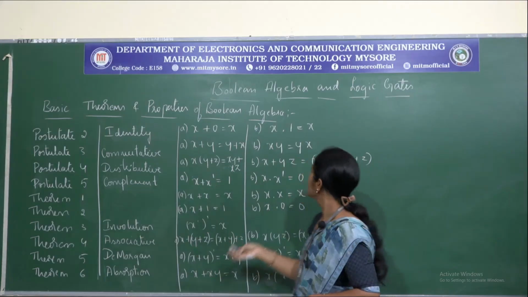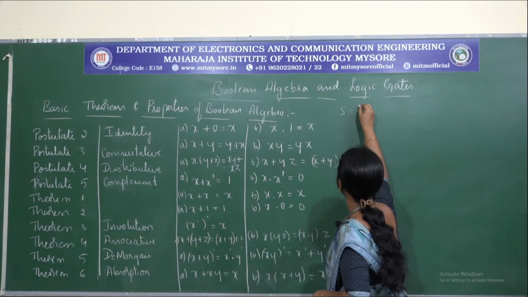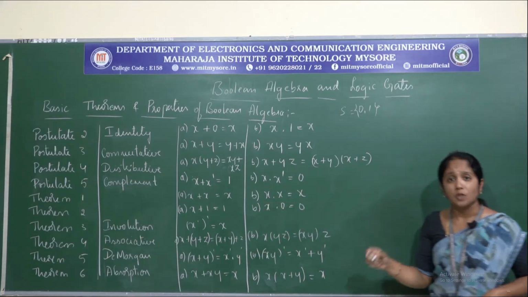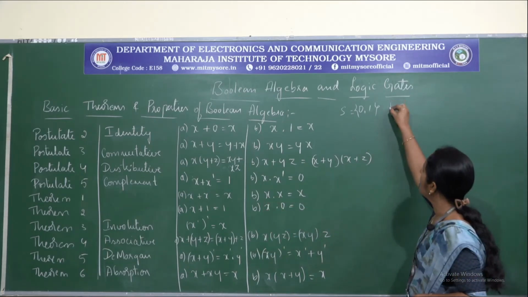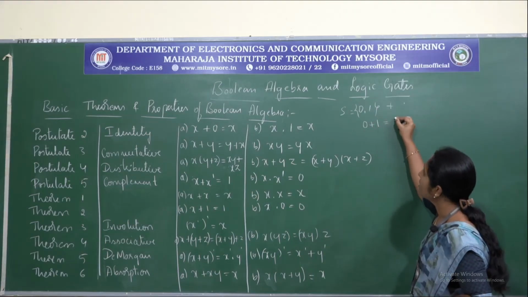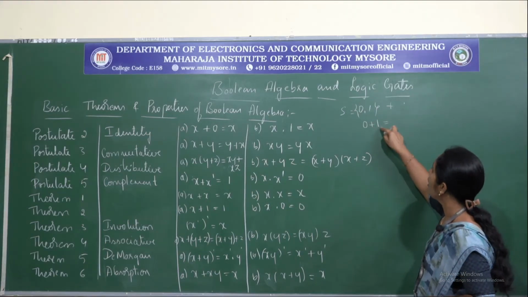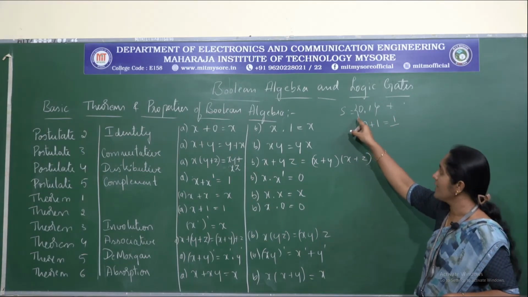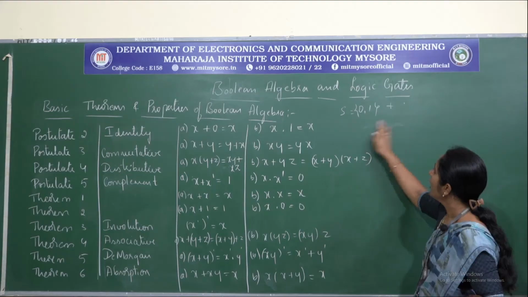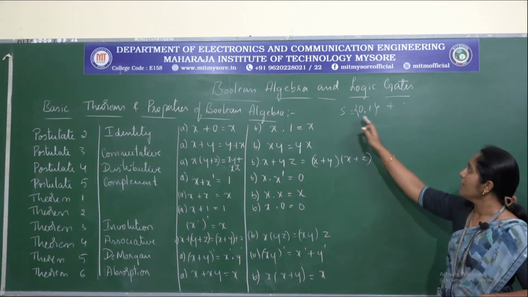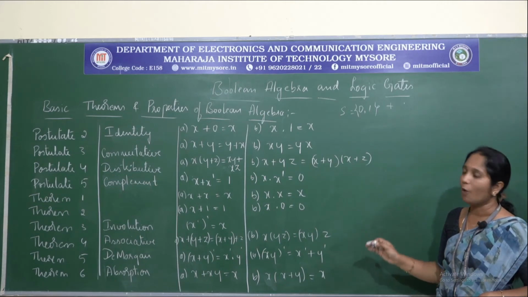Since the set contains only two elements, and they are closed with respect to the binary operators plus and dot, because when we apply plus or dot the result is 0 or 1, which is also an element of the same set.